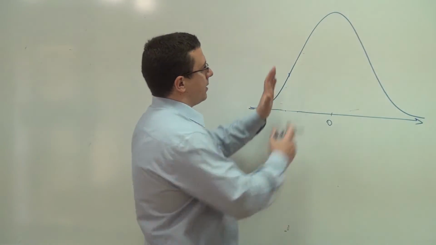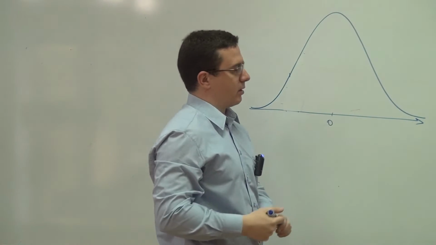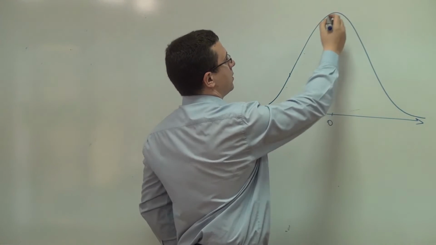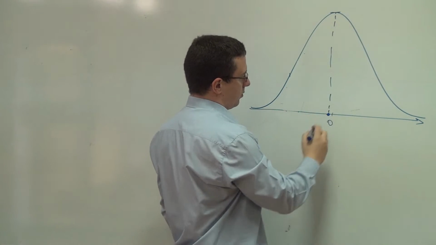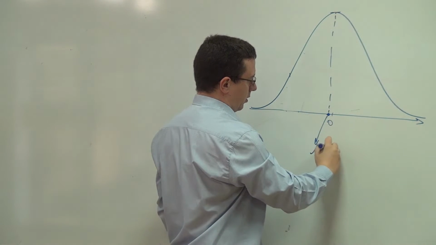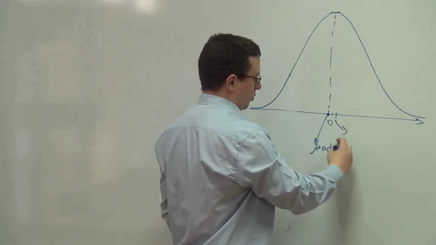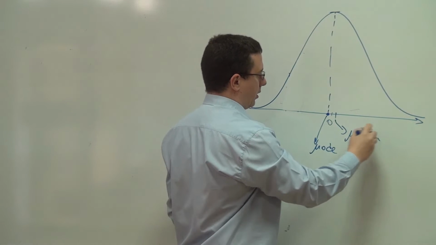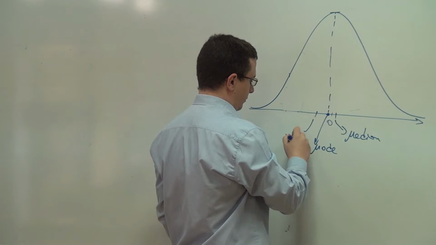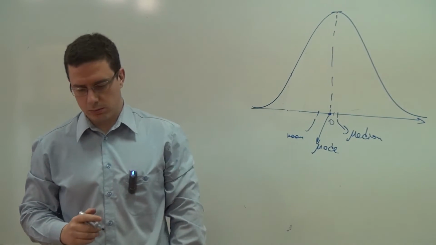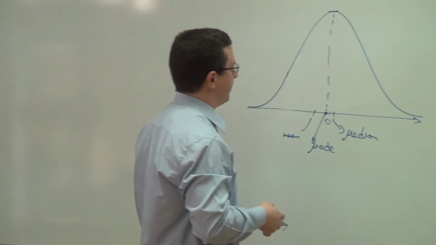But it gives us a location somewhere around here at the center. So if this is the maximum here, this value would be the mode. The median would be maybe somewhere here, and the mean can be somewhere around here. They're all measures of location, of centrality of the random variable.